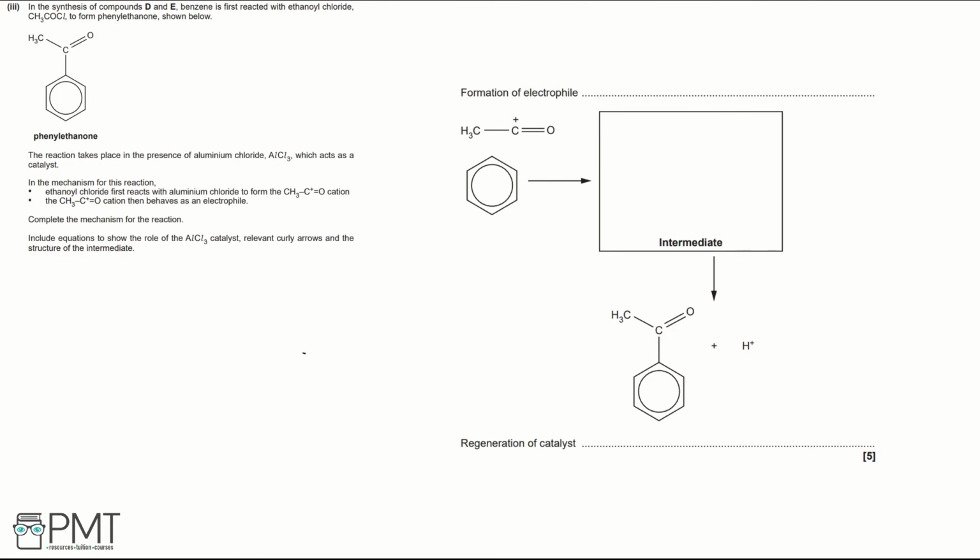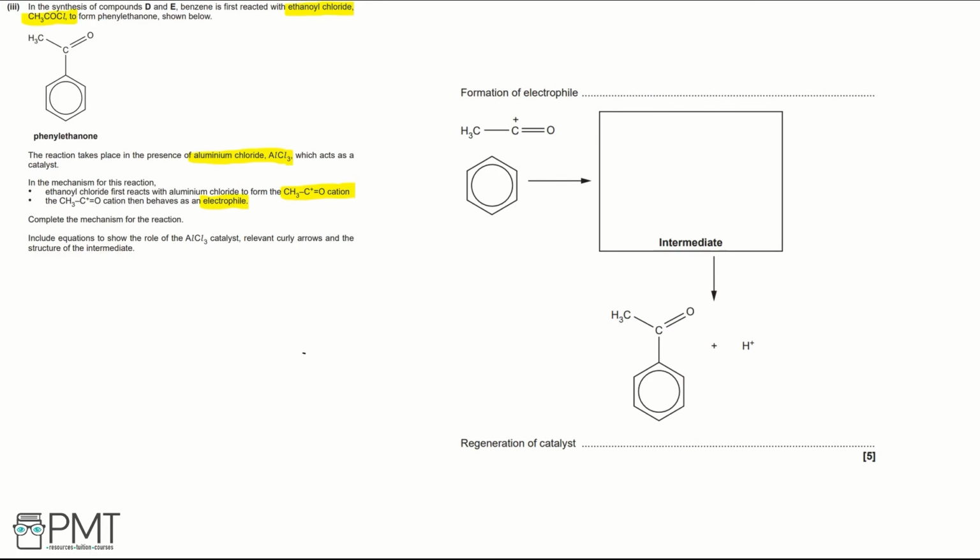Let's firstly look at the key pieces of information in this question. The first key piece of information is that we're reacting with ethanoyl chloride, CH3COCl, and we're in the presence of aluminium chloride. This is our second key piece of information. Thirdly, that we're going to form our CH3C plus double bond O cation, which is our electrophile.